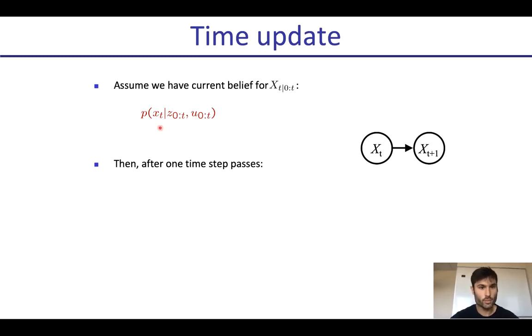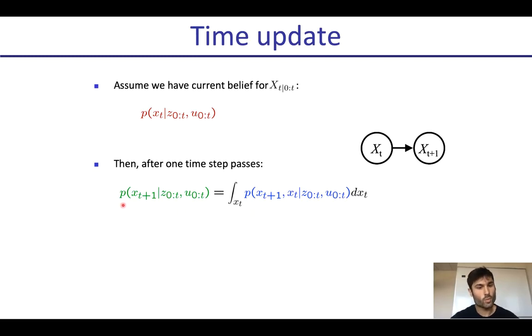Here we assume that we know the probability of x_t given the previous measurements and actions, and now we want to know what will be the distribution of x_{t+1}.